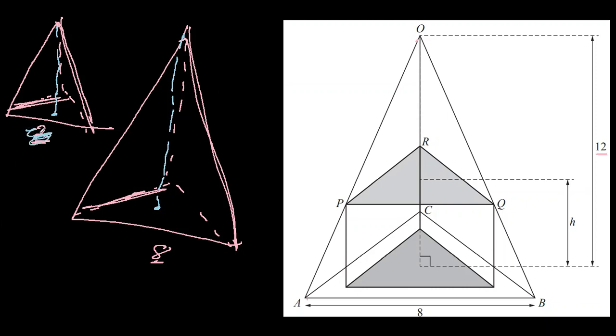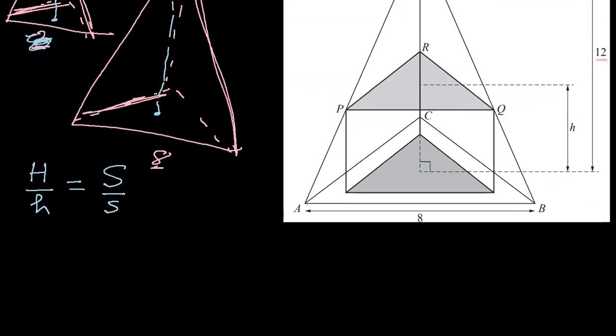This 2 was made up, okay? What I mean is the height of the big pyramid over the height of the smaller pyramid is same as the side of the big pyramid over the side of the small pyramid. Now substitute the values we know. The height of the big pyramid is 12, given here.